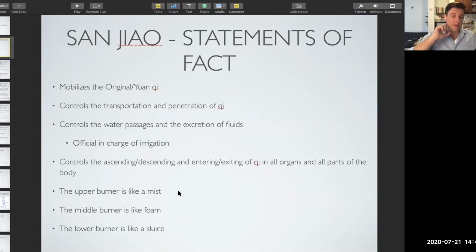The upper burner is like a mist, the middle burner is like a foam, and the lower burner is like a sluice. We're going to use different words for this again in a second to help clarify this. This partially gets to, Allison, your question about phlegm in the lower jiao. One of the reasons we don't see phlegm in the lower jiao in the same way is because phlegm in the upper jiao tends to stand alone, in a misty area that doesn't really interact with the environment very much.